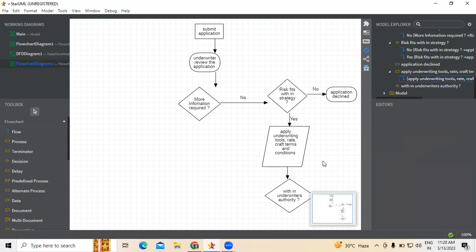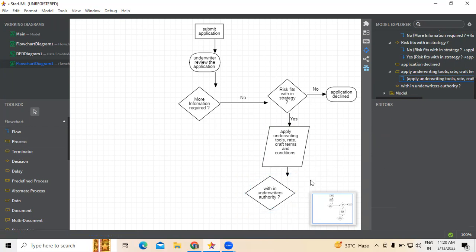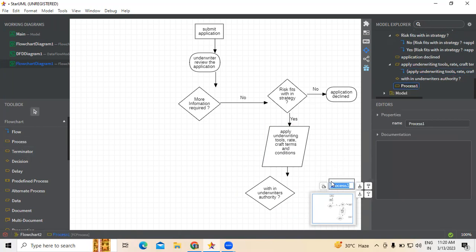Now, for example, if it is within the underwriter's authority, then automatically we have to prepare the quotation. We have to prepare the quote here.